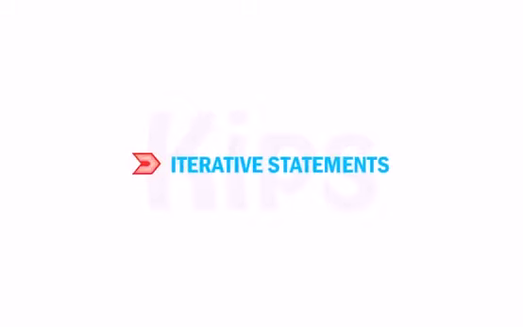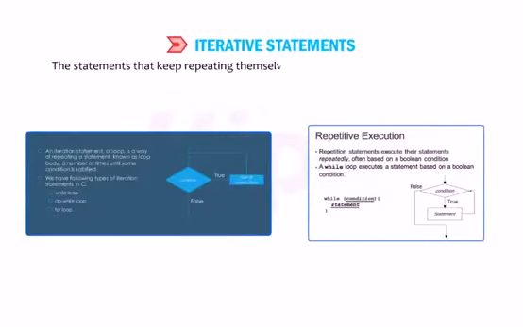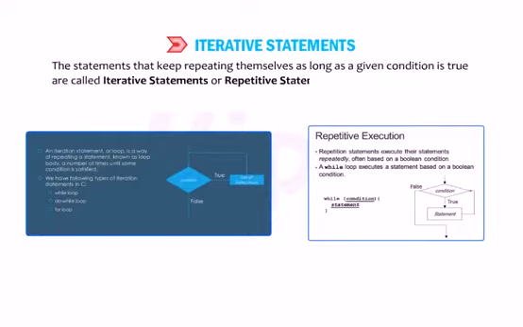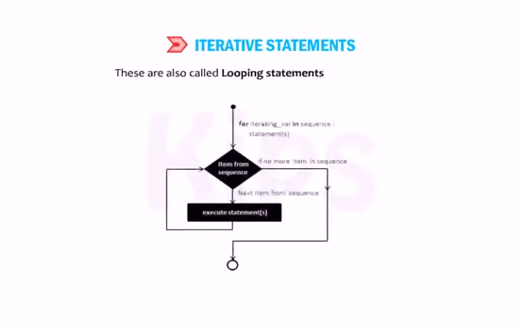Okay, let's talk about iterative statements. The statements that keep repeating themselves as long as a given condition is true are called iterative statements or repetitive statements. As soon as the condition becomes false, the loop terminates. These are also called looping statements or simply loops.